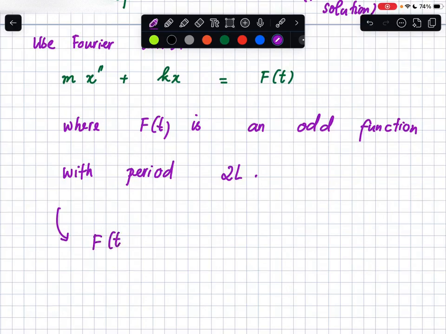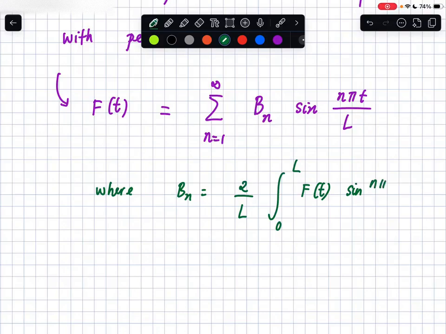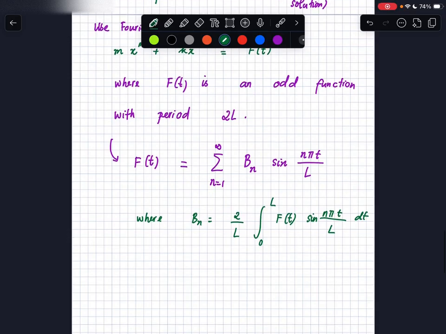Fourier series of f(t), we have summation b_n sine n pi t over L, n from 1 to infinity, where b_n is 2 over L, integral from 0 to L, f(t) sine n pi t over L dt. So this is our Fourier series for big F.